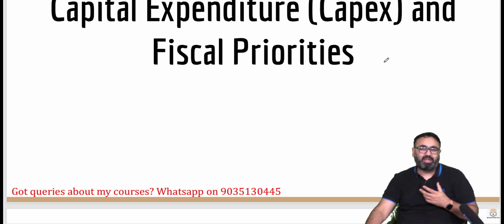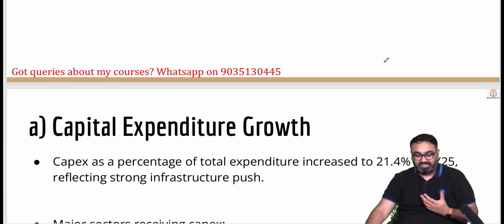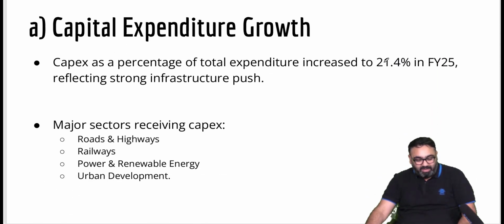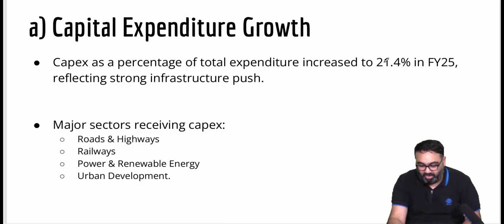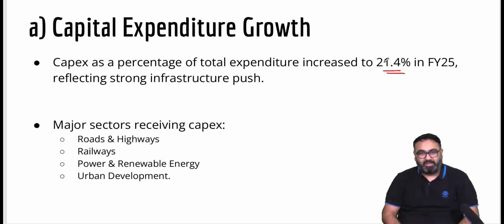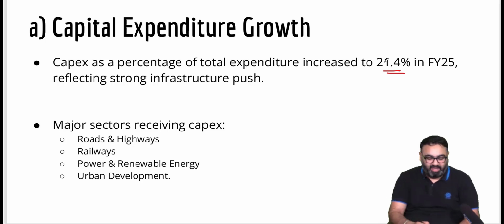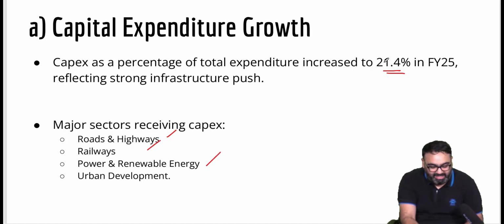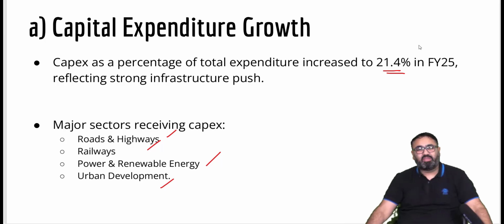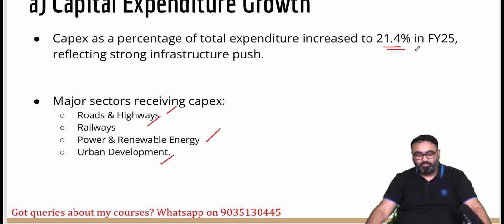Also, they build heavy infrastructure, which is helpful for businesses in the long run. So capital expenditure as a percentage of total expenditure has increased to 21.4%, which is a good sign. Major areas where capital expenditure has been done include roads and highways, railways, power, renewable energy, urban development, etc.